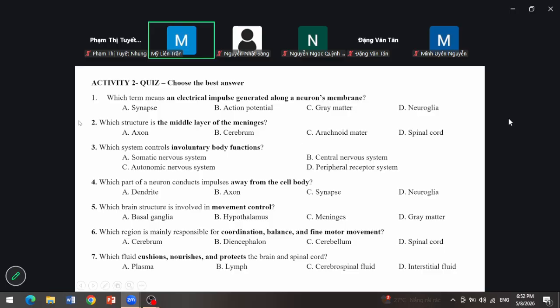Write out the answers in the chat box for the sentences, please. Choose the best answer, A, B, C, or D for each sentence. From 1 to 7.